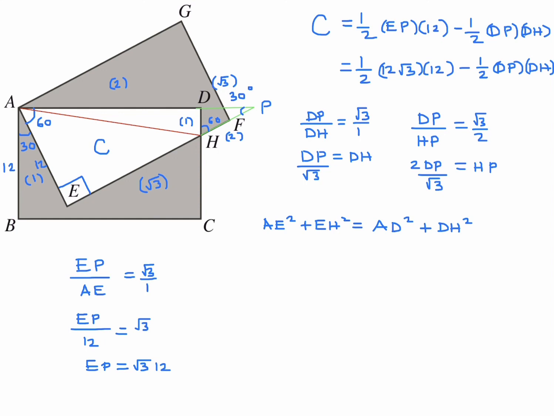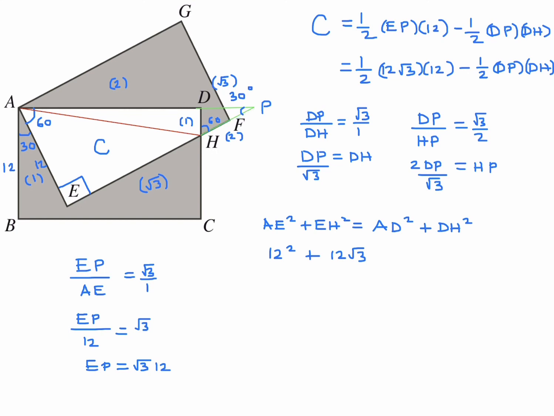So let's plug all this in. AE is 12. EH is going to be the full from here to here, EP, which we just figured out was 12 √3, minus HP, correct?